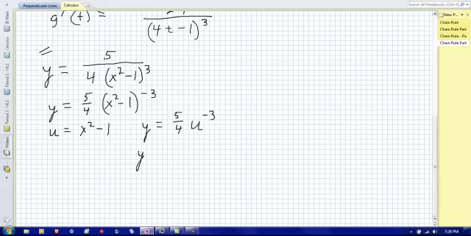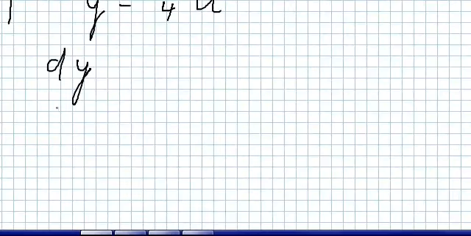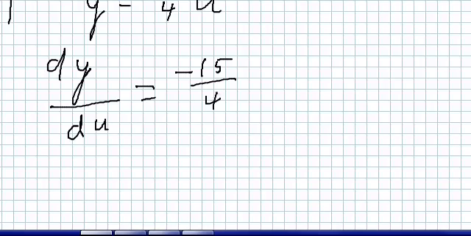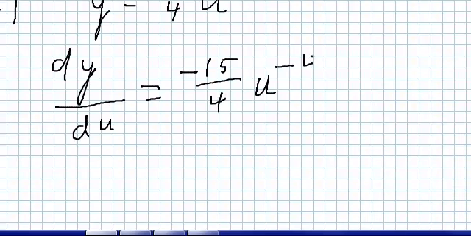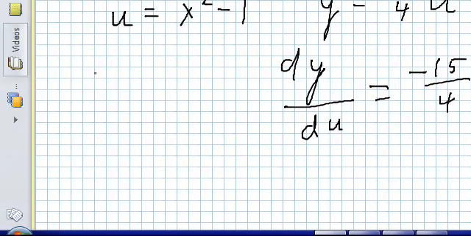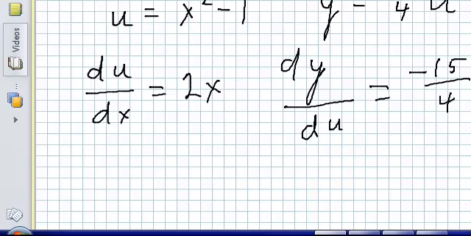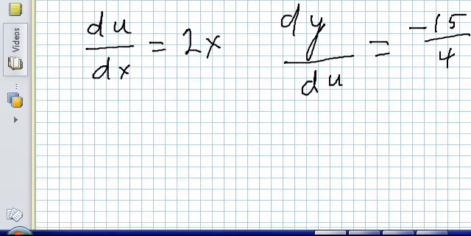Now the derivative, dy du, it's not with respect to x yet. We take that exponent, multiply by what's in front, so that's negative 15/4. You subtract 1, negative 3 minus 1 is negative 4. Over here du dx is equal to 2x.